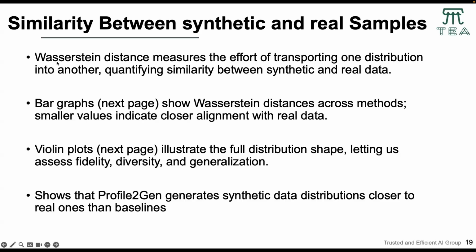They use the Wasserstein distance to measure such similarity. The Wasserstein distance measures, you can imagine, the effort of transporting one distribution into another. So this method basically compares how close two groups of data points are.